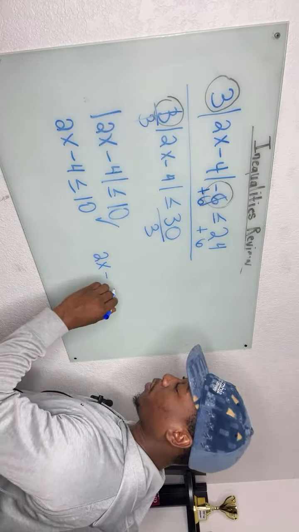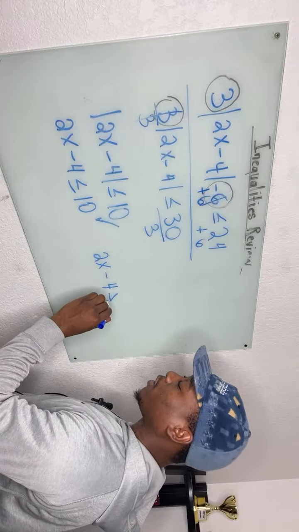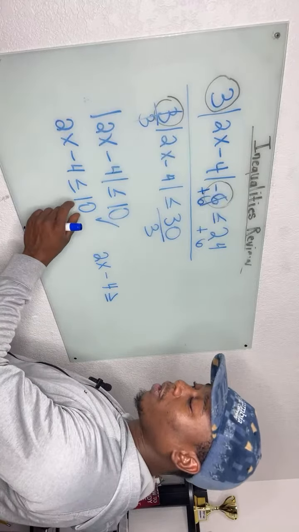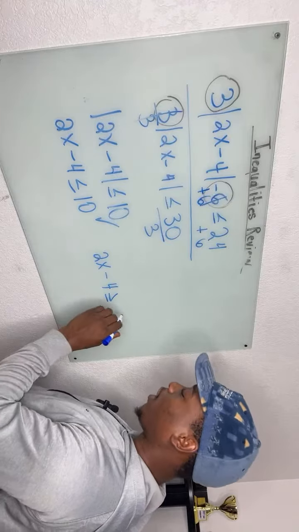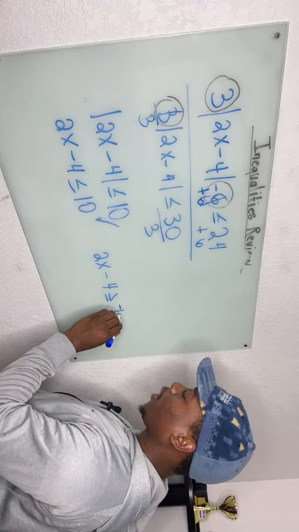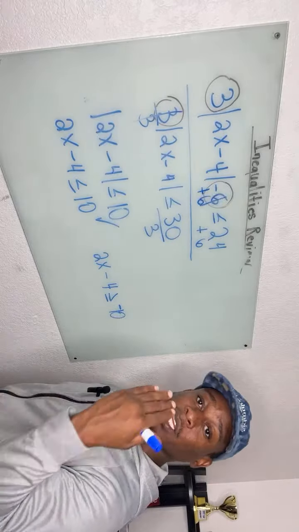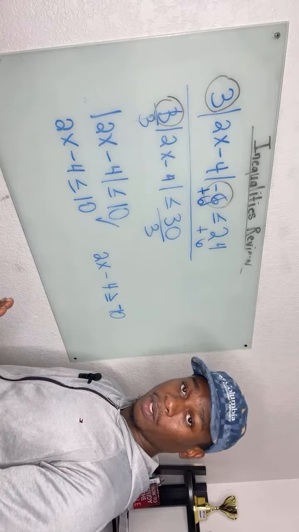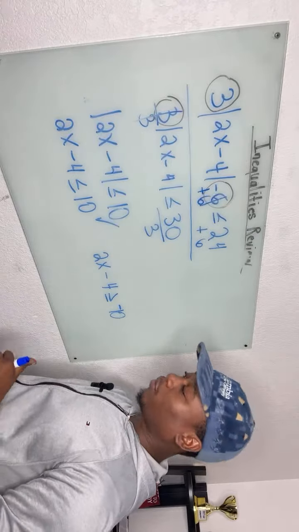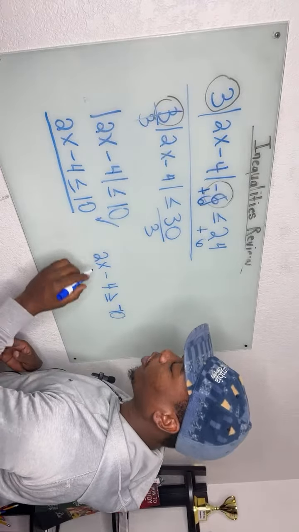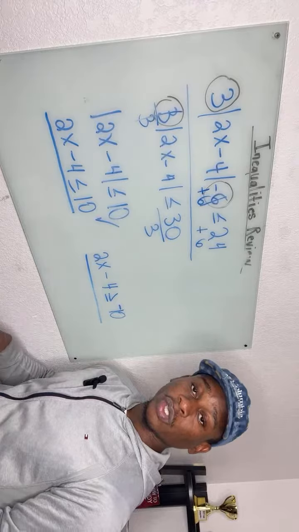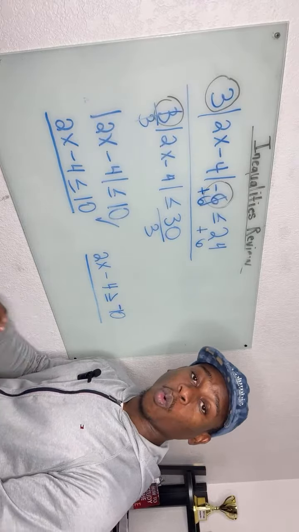After we flip the inequality sign, we change the number from positive to negative, or negative to positive, vice versa. So now we have our equations that we need to use to solve the inequality.